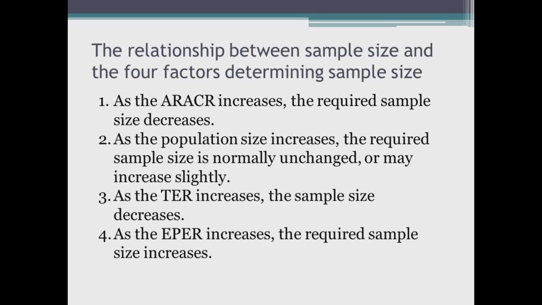So if you think about it, the key there is, if you compare column 5 to column 1, the acceptable risk of assessing control risk too low is unchanged. However, if you look at tolerable exception rate, that's 20%.